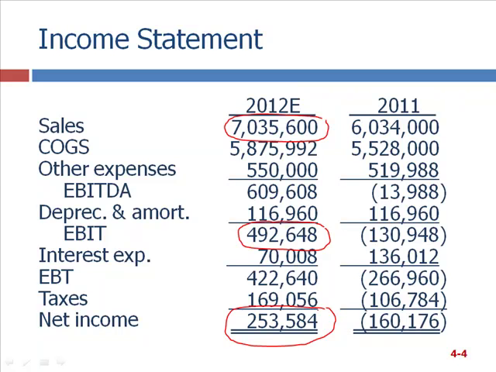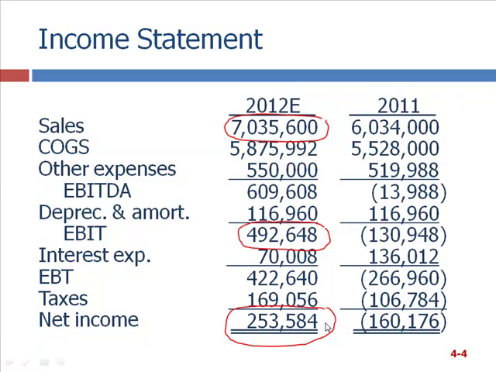And looking at net income, I can see that that's $253,584. So a little bit more has been lost, right? We've taken out interest expense, we've taken out taxes, and so when all of that is finally taken out, we've got $250,000 or a little bit more than that. So we've lost a little bit more to interest expense and to taxes.